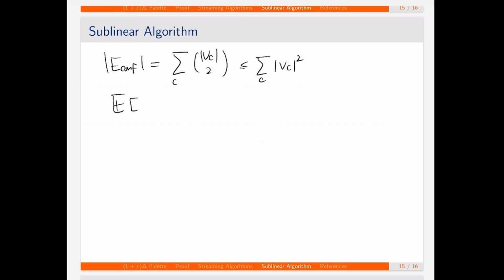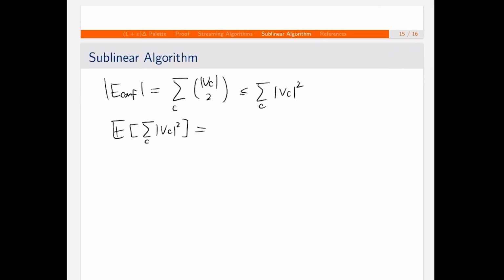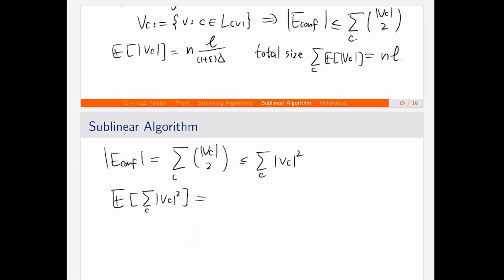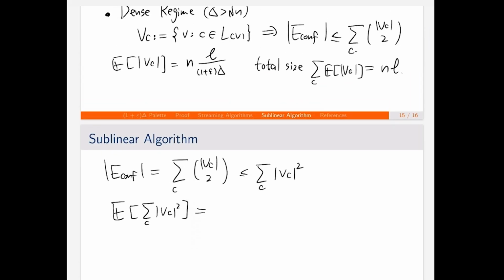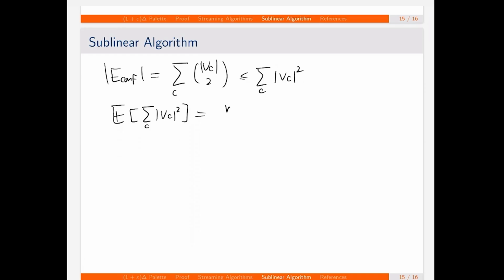As shown earlier, the expected size of the set V_C is nL over (1+epsilon)delta. So the expectation is nL over (1+epsilon)delta squared, and there are (1+epsilon)delta of them. So it looks like n squared L squared over (1+epsilon)delta.